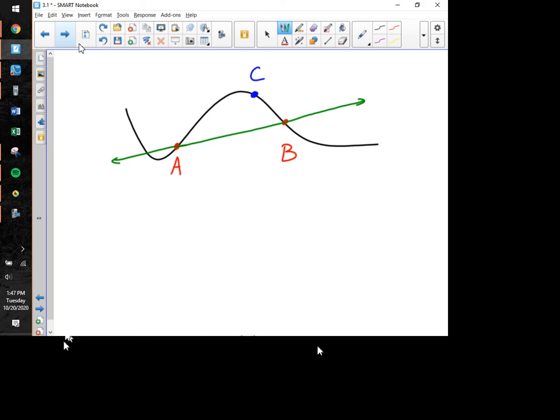Let me say that again. There was only one secant line that passed through A and B, because 2 points define a unique line. But with the tangent line we're about to draw, all we know is that it passes through C, and shoot, you guys, there's an infinite number of lines here that pass through point C. We could sit here all day long and continue to draw one line after another that passes through point C. So how in the world are we supposed to know which of those 8 lines or whatever that I just drew, and of course there are infinitely many, is the tangent line?